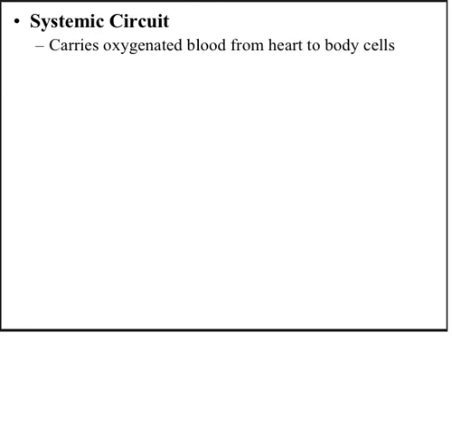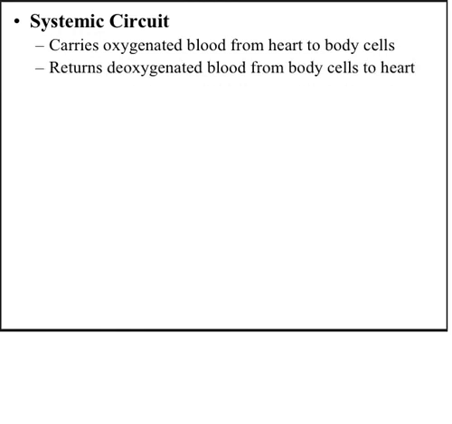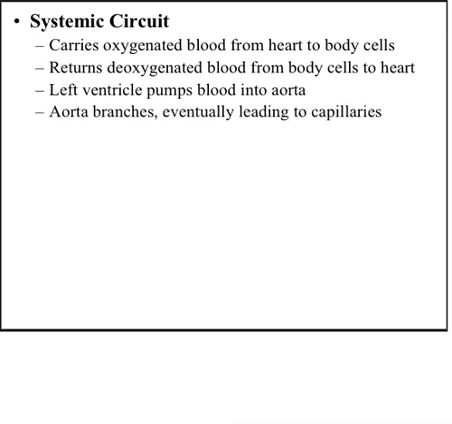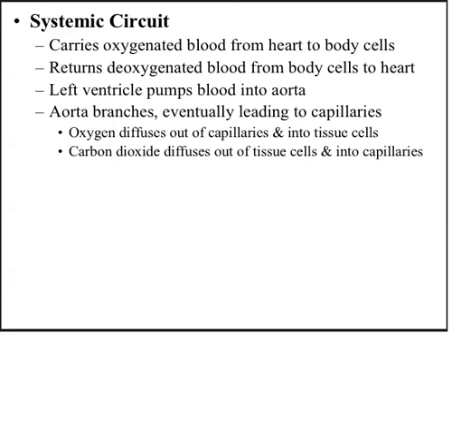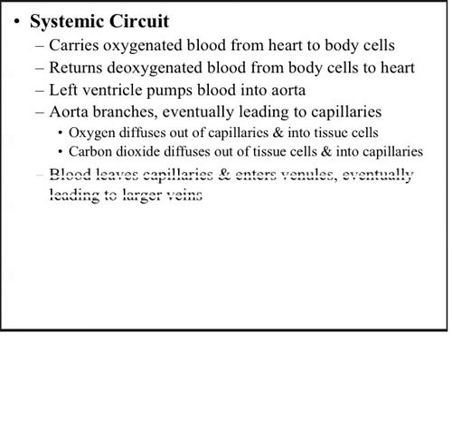Okay, the systemic circuit carries oxygenated blood from the heart to the body cells and returns deoxygenated blood from these cells to the heart. The left ventricle pumps the blood into the aorta, which branches and branches and branches, eventually leading into capillary beds. Carbon dioxide diffuses out of the tissue cells and into the capillaries, again guided by its concentration gradient.